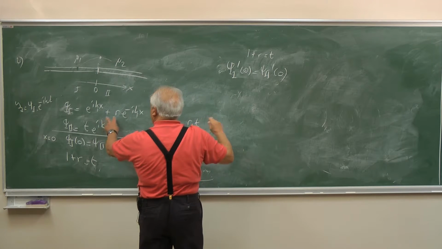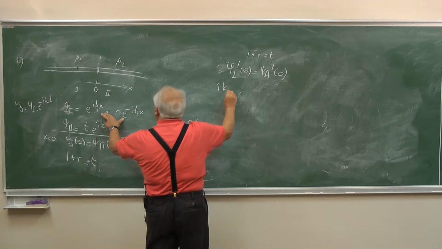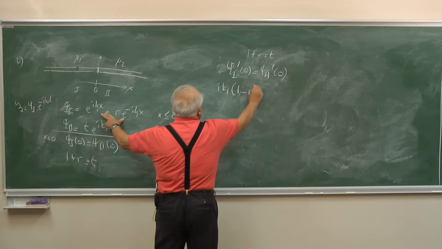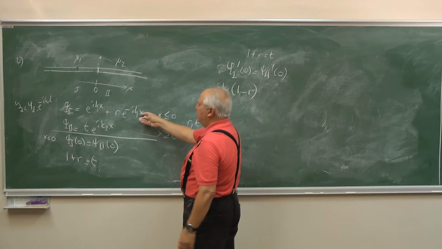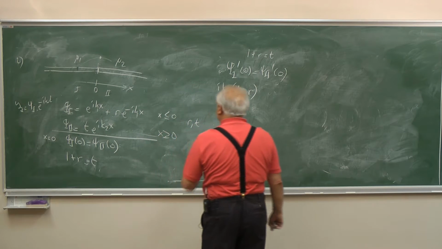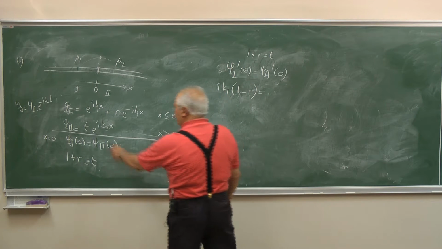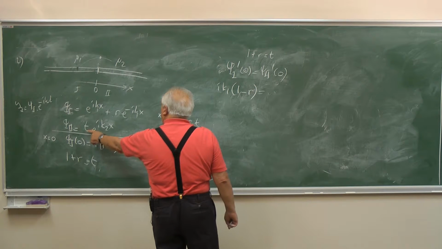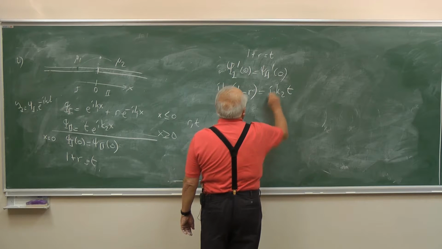So this, take the x derivative, i k1 times (1 minus r). Namely, I take the derivative, then put x equal to 0, so these things disappear. That's equal to the derivative of the outgoing wave, the transmitted wave. That's i k2 t. So i's cancel.